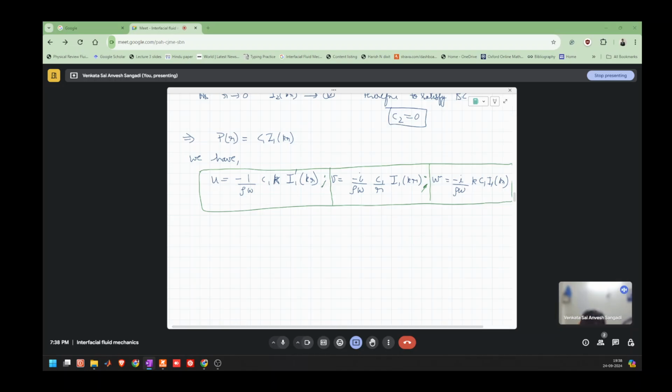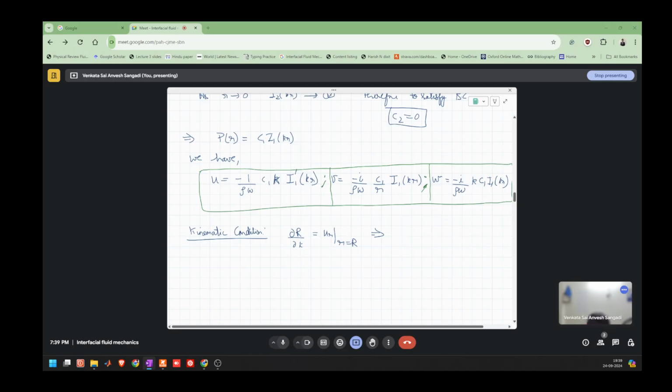Now, using the kinematic condition, we get the growth rate. The kinematic condition is del R by del T is equal to UR at R equal to R naught.